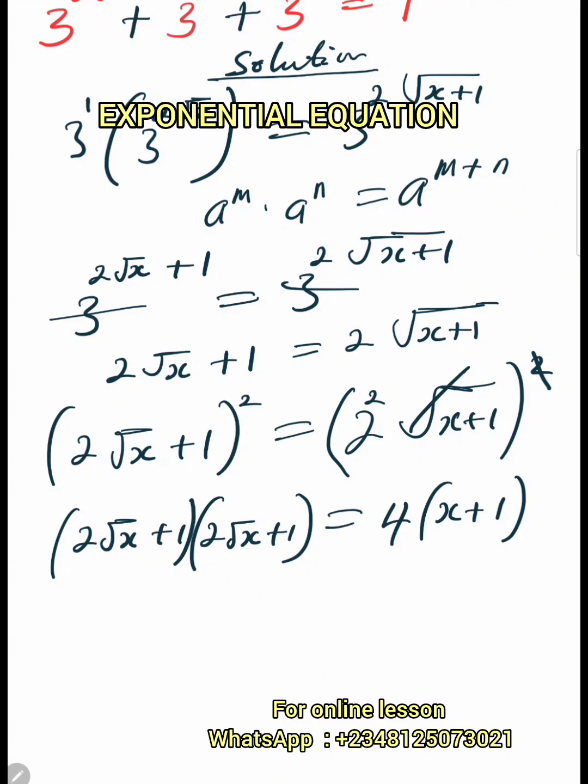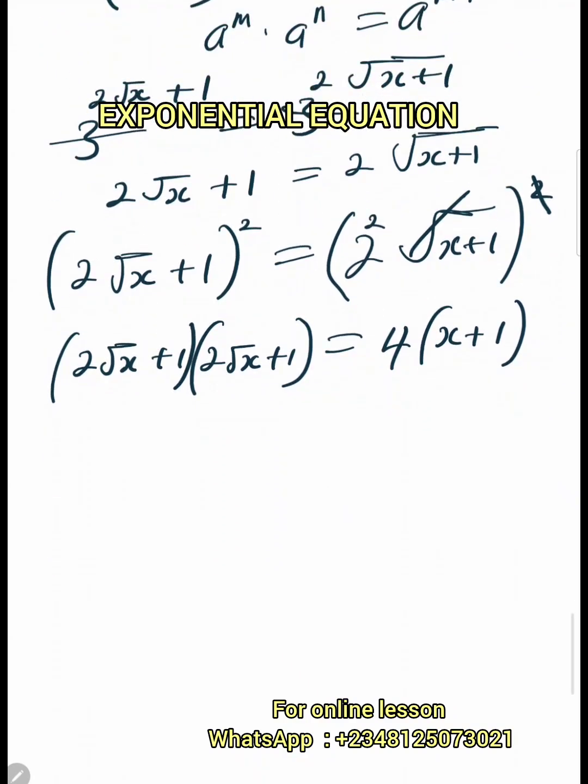Now let us multiply. 2 times 2 is 4, okay? Then root x times root x. In surds, when a radical multiplies a radical, for example root a times square root of a is equal to a. So we'll make use of this property in surds, okay? Now, we are going to apply that here. 2 times 2 is 4, then root x times root x is x. So this gives us 4x.